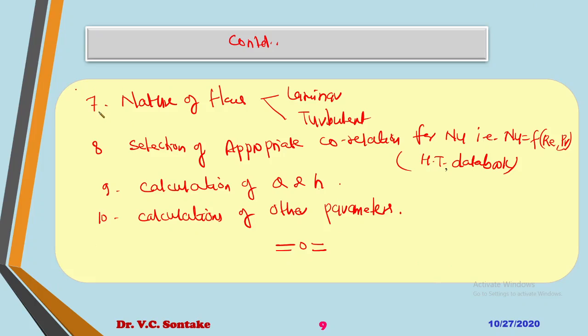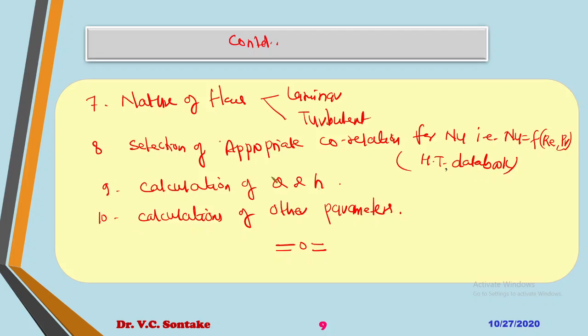After that, step number 7 is to identify the nature of flow, whether it is laminar or turbulent. Step number 8, selection of appropriate correlation. Based upon step number 7, you can select the appropriate correlation for Nusselt number in terms of Reynolds number and Prandtl number from the heat transfer data book.